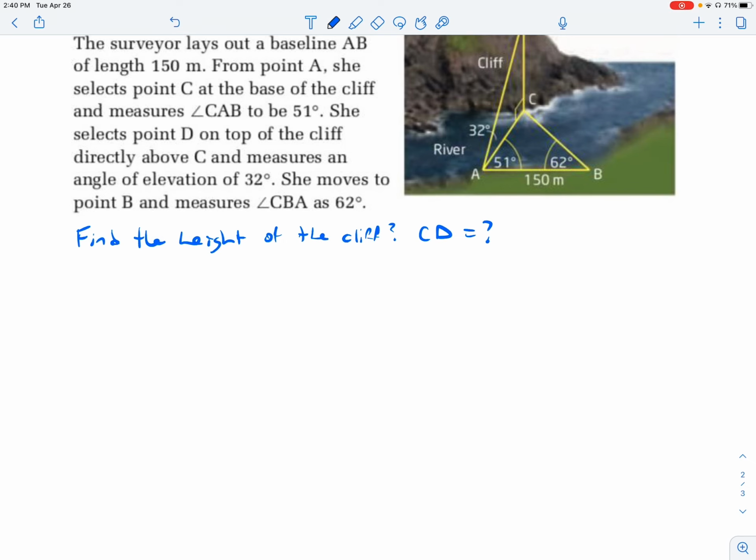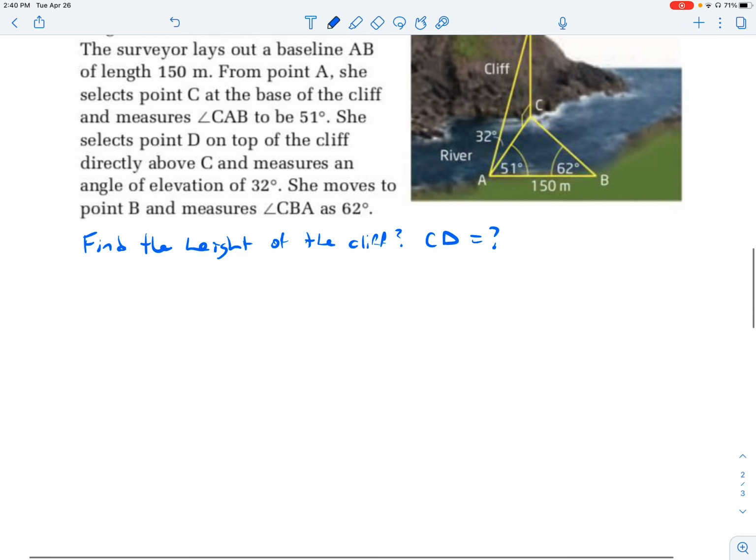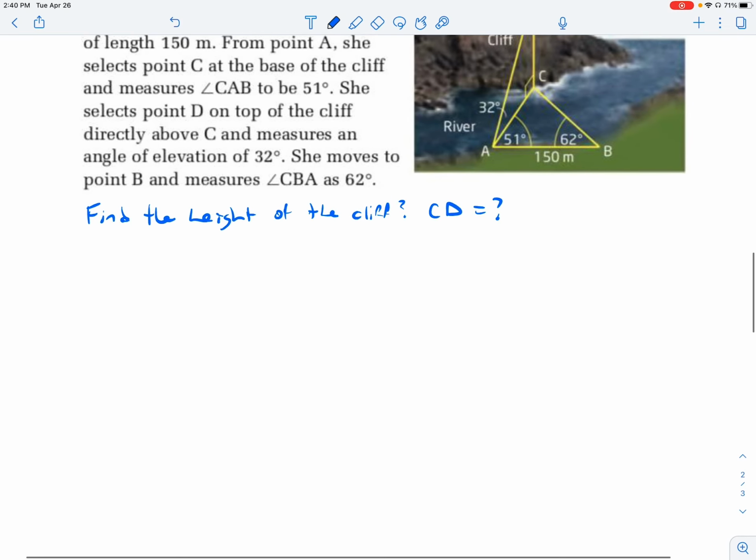So I think the first thing we can do is try to find AC. Step one: find AC in triangle ABC. We're probably going to have to do two things to do this.